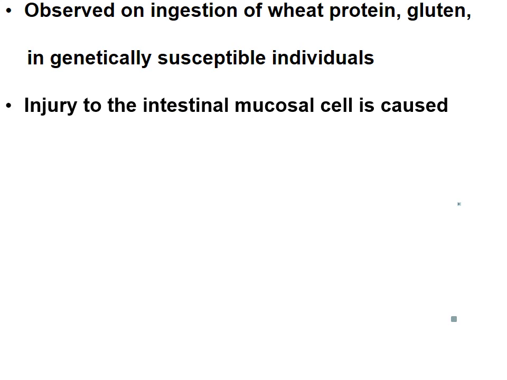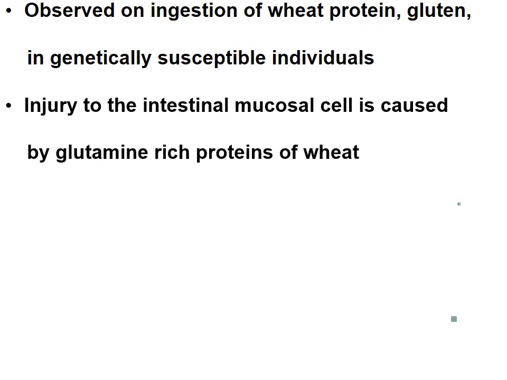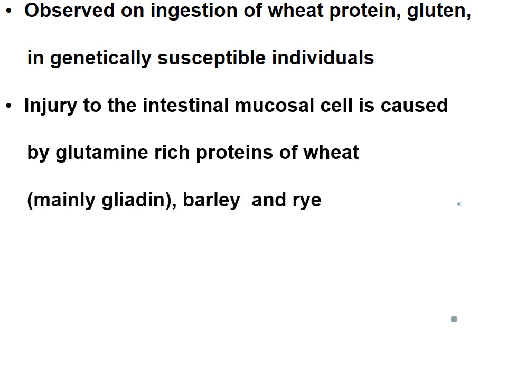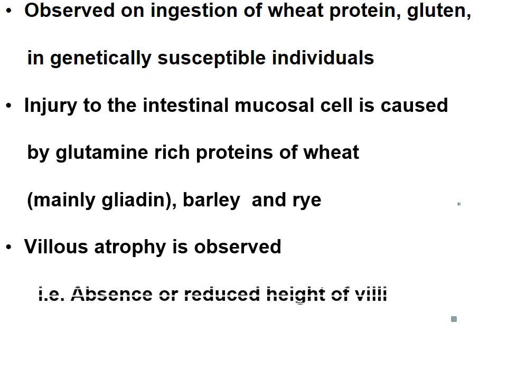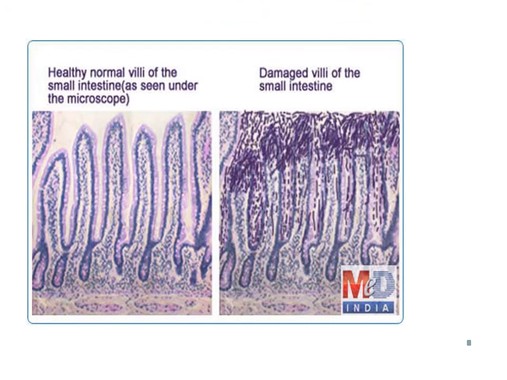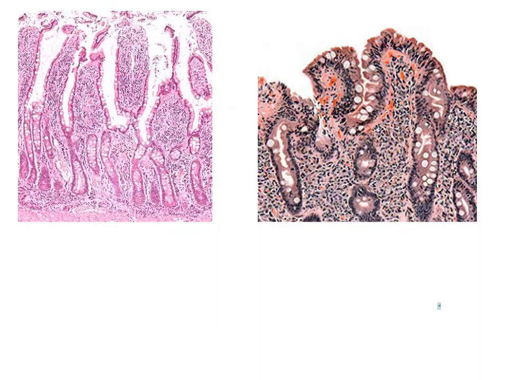This gluten causes injury to the intestinal mucosal cell, and because of this, the microvilli or the villi of the brush border get atrophied, and it will result in absence or reduction in the height of the villi. So this is a normal villi and here it is the damaged villi. You can see here this is a normal villi and here the shortened damaged villi.